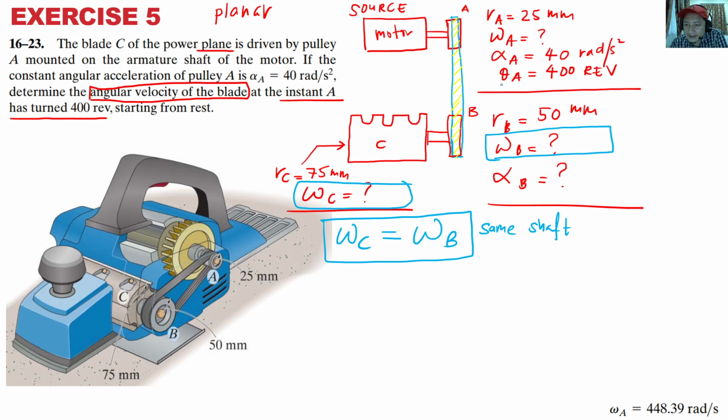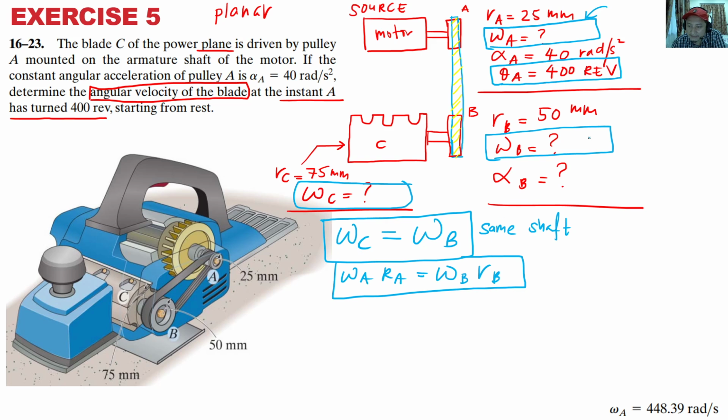So, when theta A has rotated 400 revolution, what is omega A? So if you know omega A, you can use the formula: omega A RA is equivalent to omega B RB.